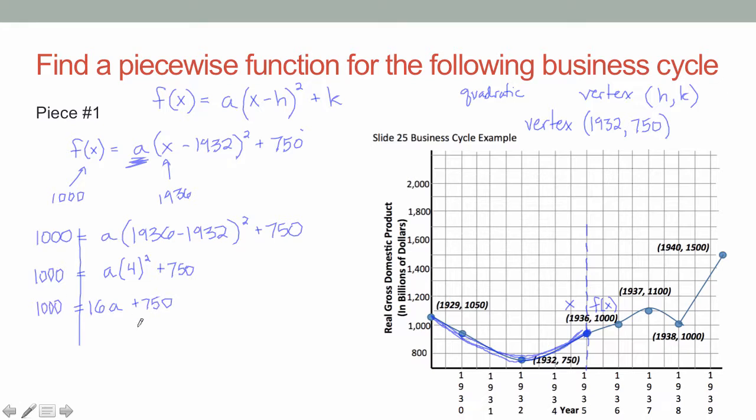Now it's a two-step equation. I'm going to subtract 750 from both sides. We get 250 equals 16a. And finally, if I divide both sides by 16, we get that a is equal to 15.625.